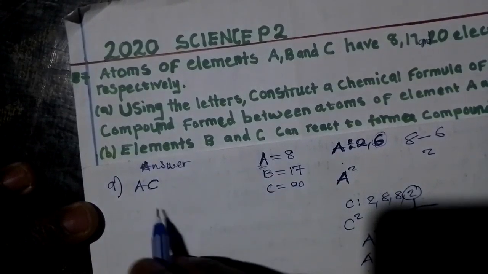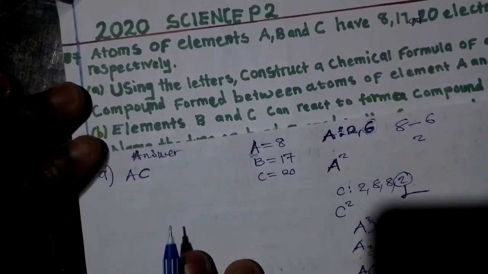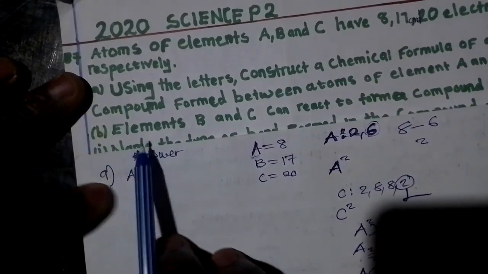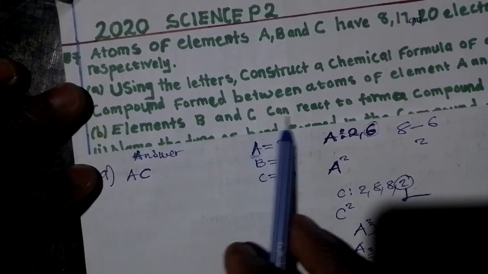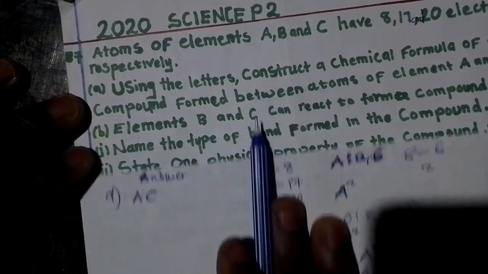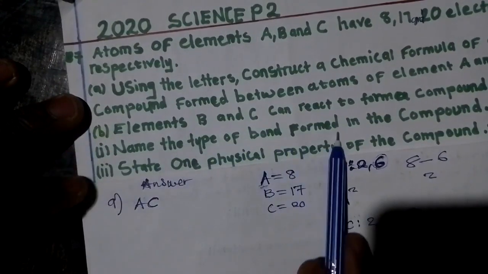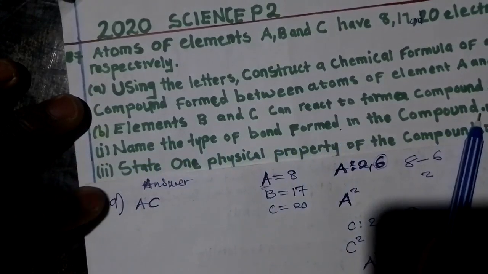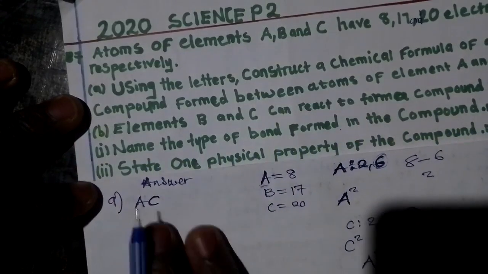Here you're not supposed to use the actual symbols of these elements, just use the letters. Then the next one is saying elements B and C can react to form a compound. Name the type of bond formed in the compound, 1 mark.